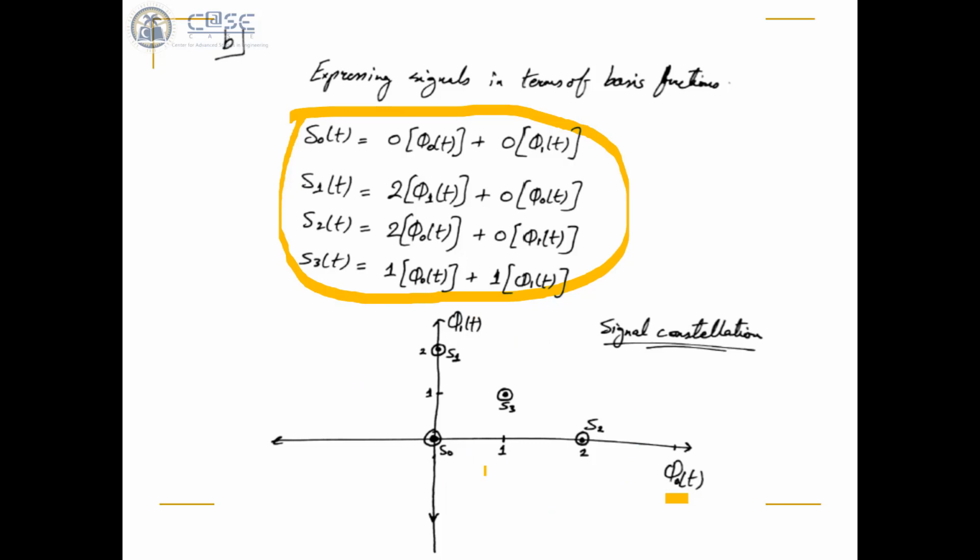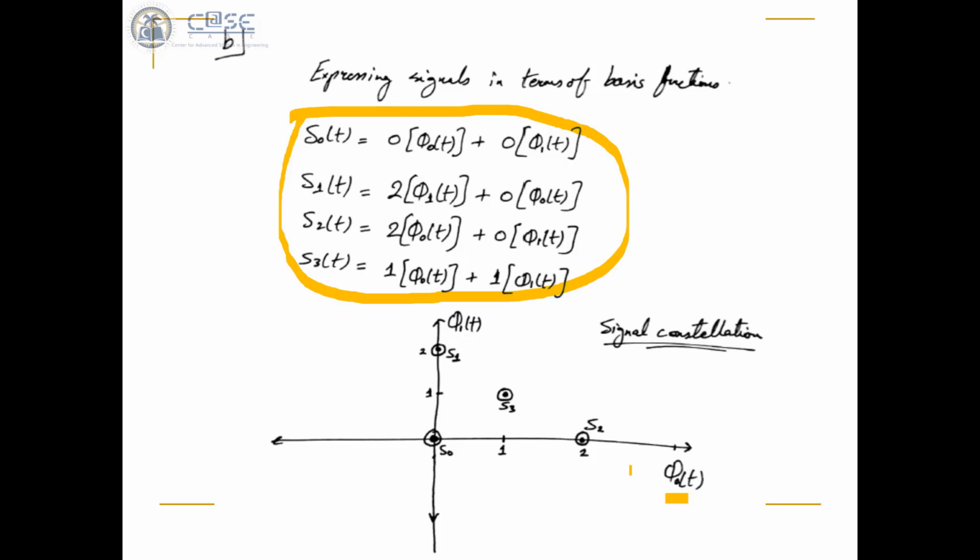Now I don't need 4 signals at the matched filter. In other words, I don't need 4 branches of the matched filter at the receiver end. All I need is 2 branches of matched filter at the receiver end. One would be matching to phi 0 of t and one would be matching to phi 1 of t. Depending upon the contributions that I receive on the 2 branches, I would decide which transmitted signal was sent from the transmitter end, right?